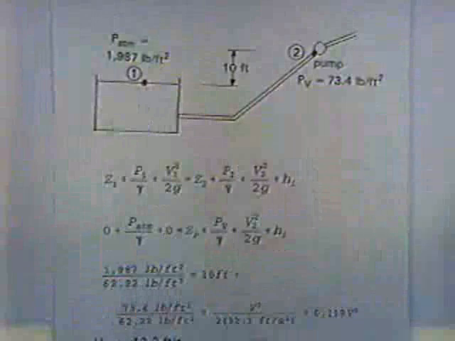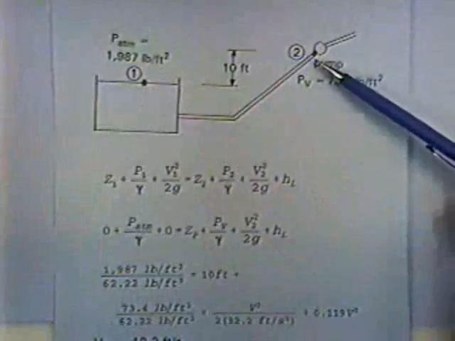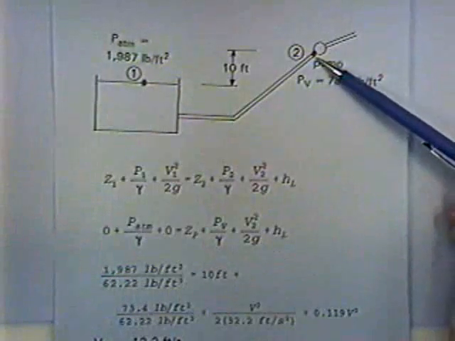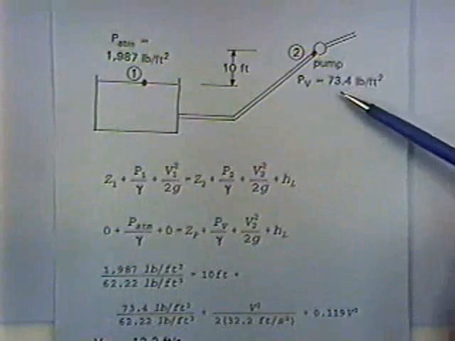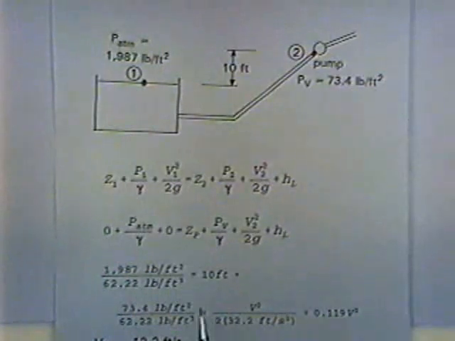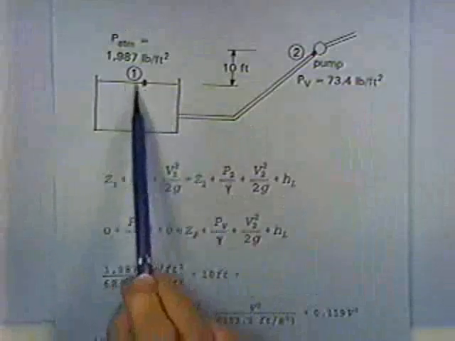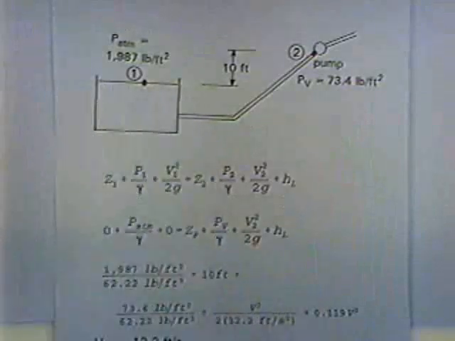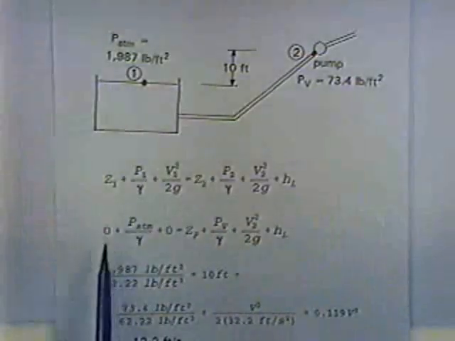And so that's going to be the pressure here. Now the worst case scenario is we're dropping to vapor pressure here, and so the vapor pressure is 73.4 pounds per square foot, and we can draw the reference datum wherever we like. We'll just draw it at the water surface here, and we'll plug in the numbers.